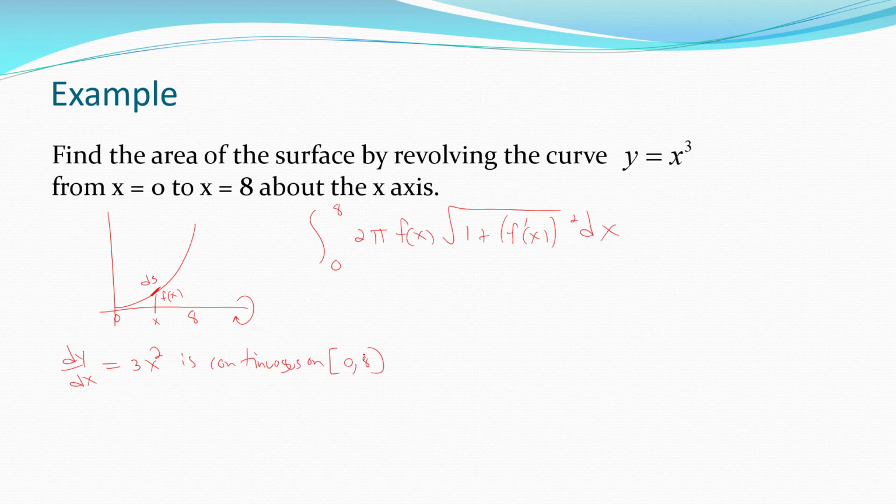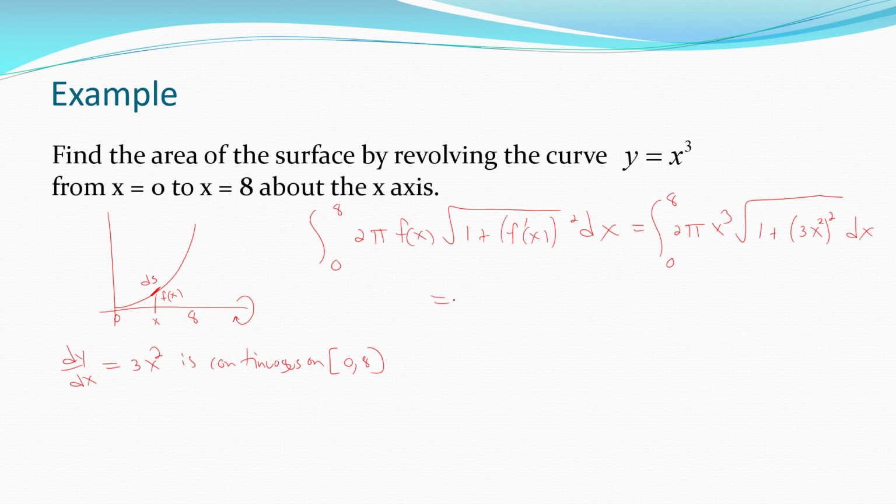So we're fine. So this becomes the integration from 0 to 8 of 2 times pi, the function was x cubed, times the square root of 1 plus the derivative 3x squared, that thing squared, dx.